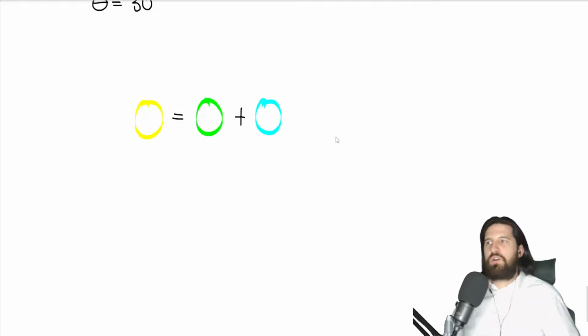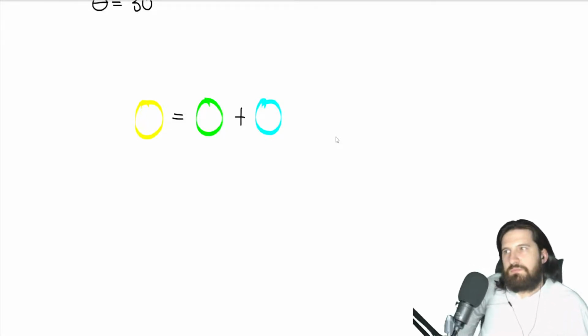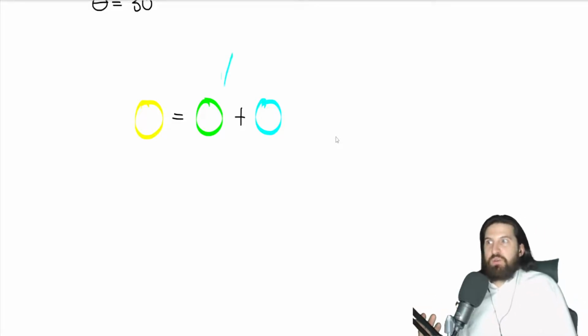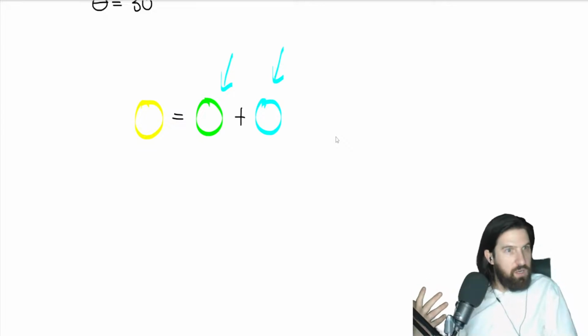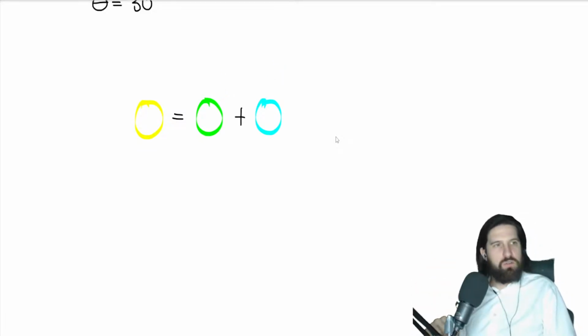Who's bigger, yellow, green, or blue? Yellow, because yellow is green plus blue. It's both of them added together. However big green is, yellow still has blue on top of that, right? So yellow is always bigger than either of these two.